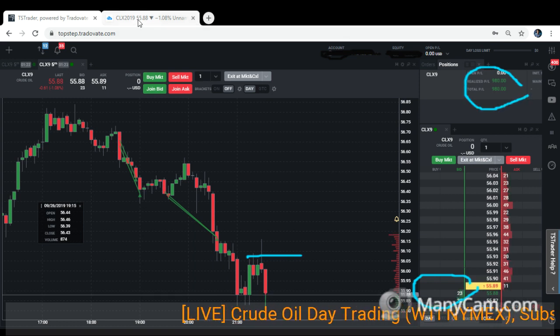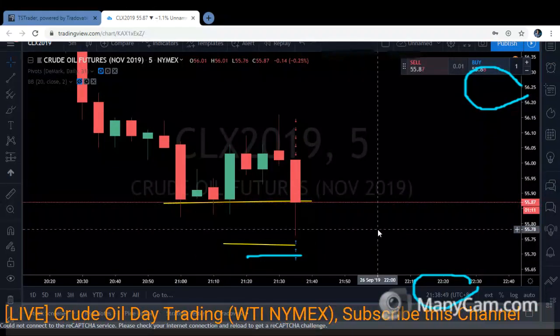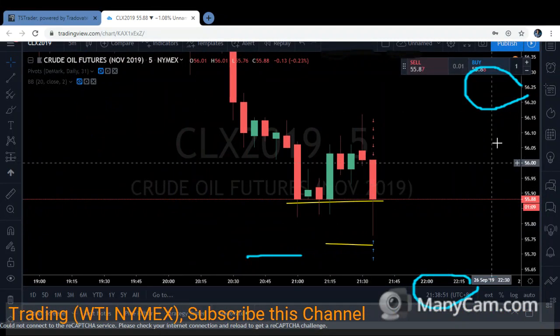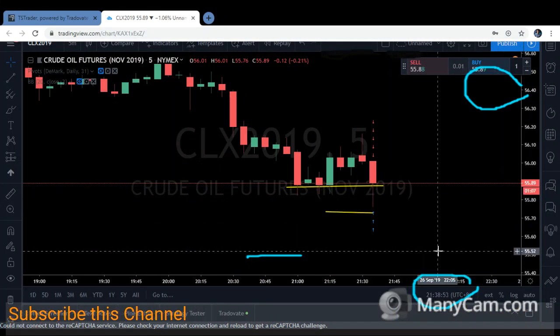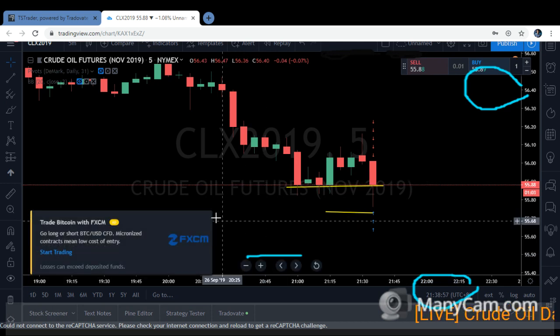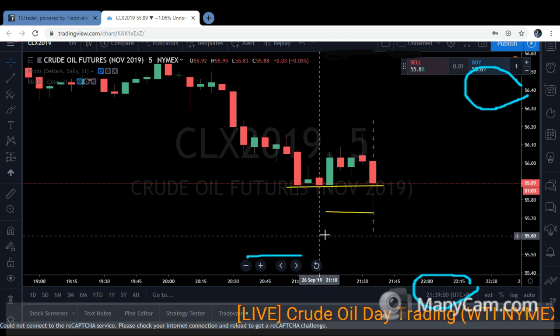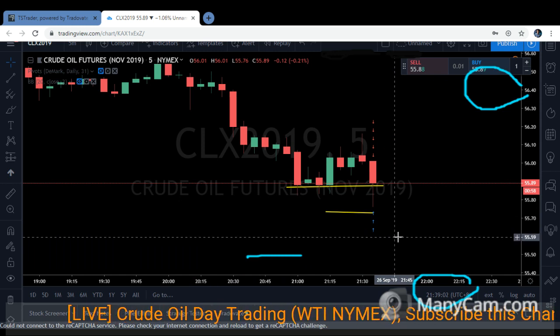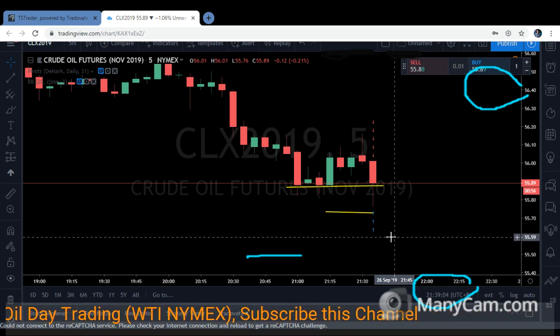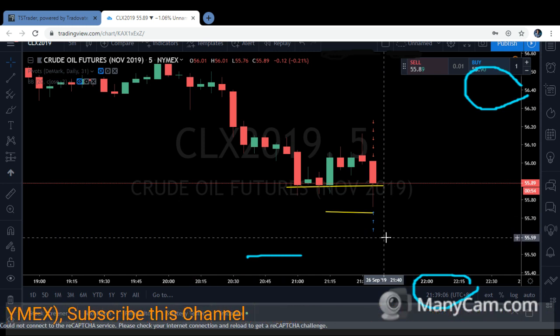It was a good one, and the market might go further down, so I'm still expecting it to reach far below, at 55.50, possibly. Let's wait for a few more minutes. Maybe it will spike one more time.